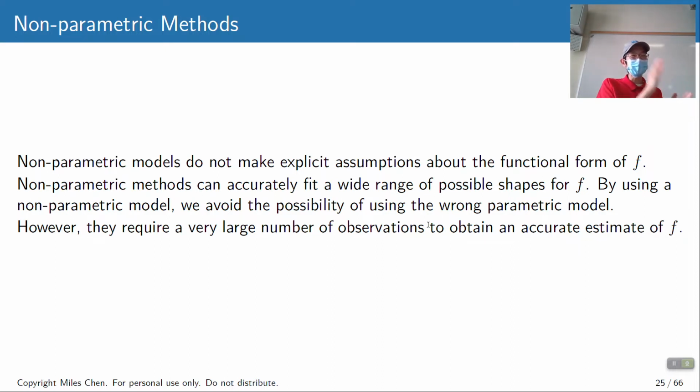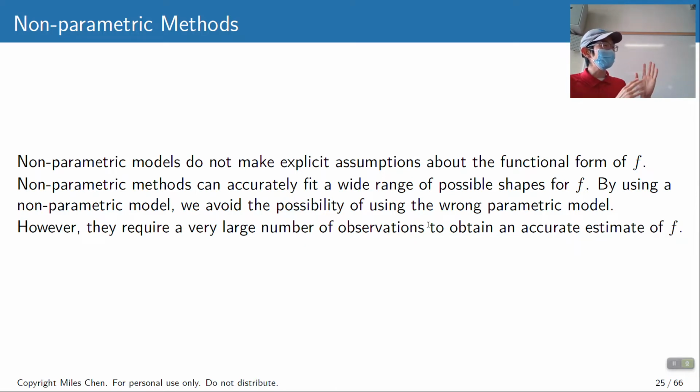Non-parametric models, you probably need some kind of value. You need to say, hey, how much did the apartment that was 600 square feet cost? How much did the apartment that was 650 square feet cost? How much did the apartment that was 700 square feet? And you need to have a whole bunch of these data points so you can get a pretty good idea of what the true relationship is.